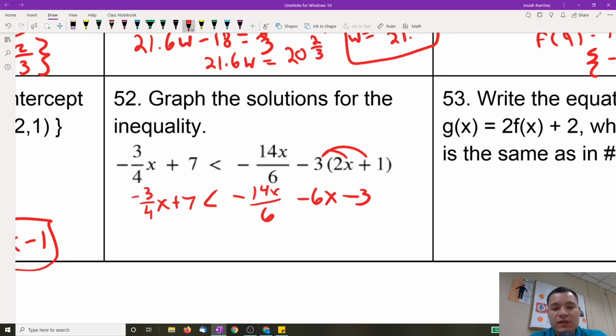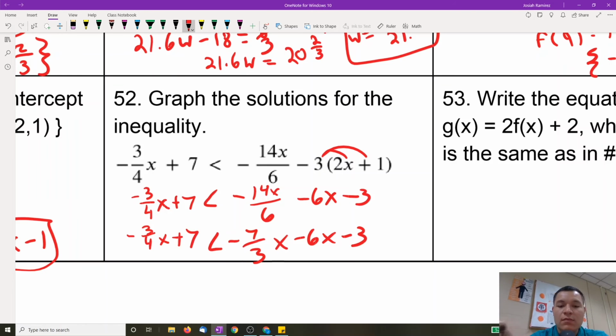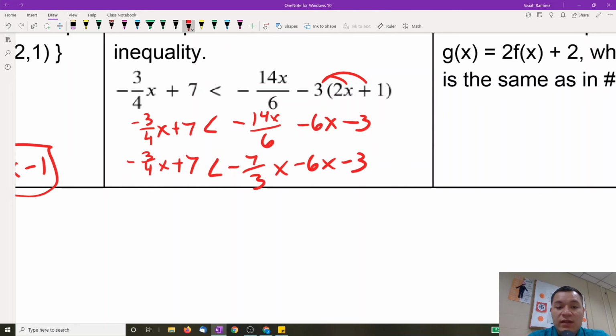Okay, I'll reduce it. It's 7 over 3. Then let's combine the negative 7/3 with the minus 6x. Both of these have x's. Together they make a negative 8 and 1/3 x.